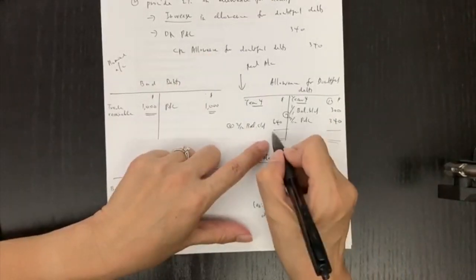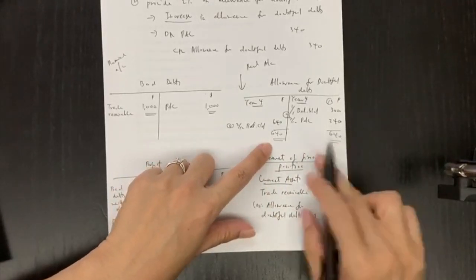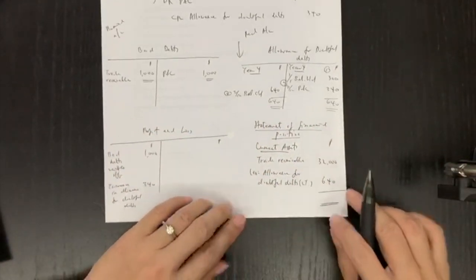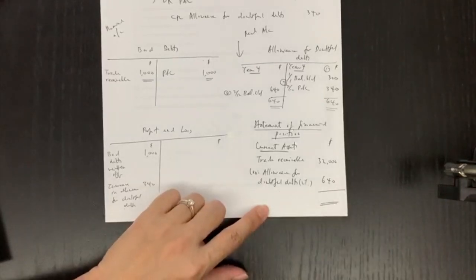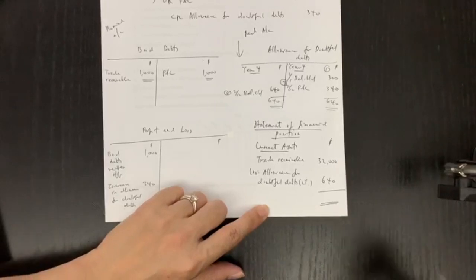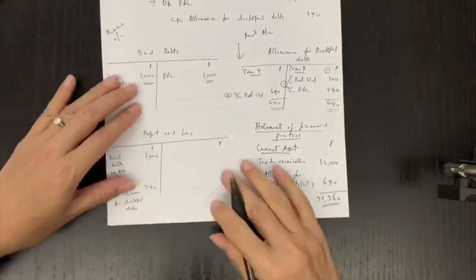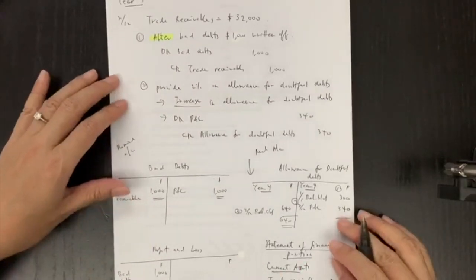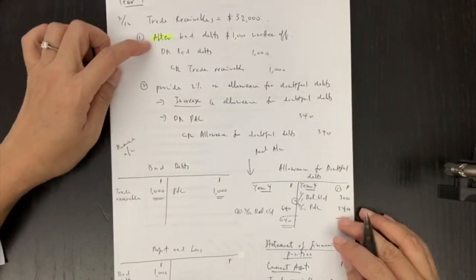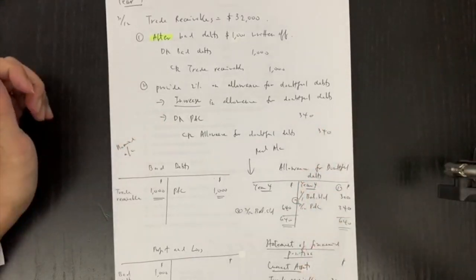Okay, so let's check 640, 640. So done on the debit side and credit side. And so how much is net trade receivable? So 32,000 minus 640. So that would be 31,360. Okay, so this is all about bad debt written off, and then the adjustment for allowance for doubtful debts.